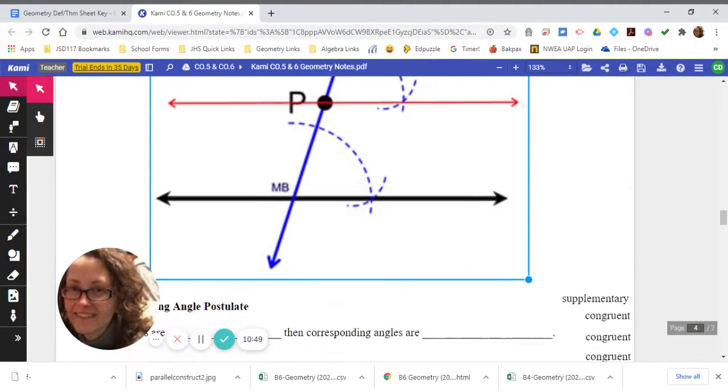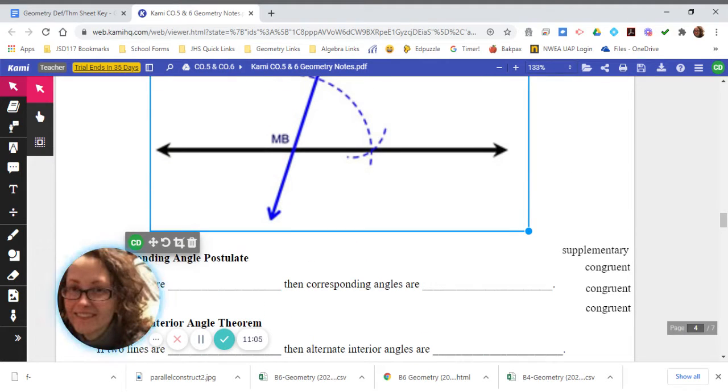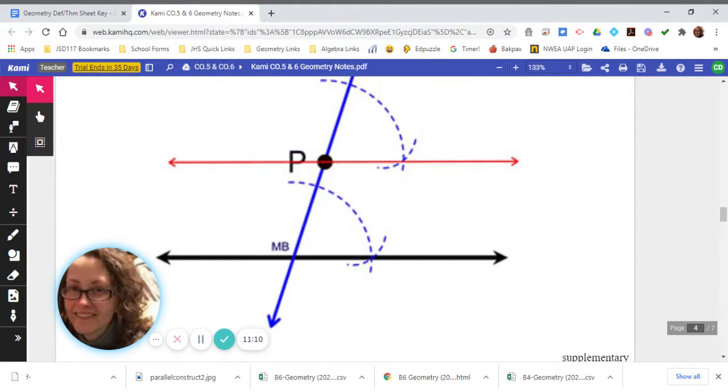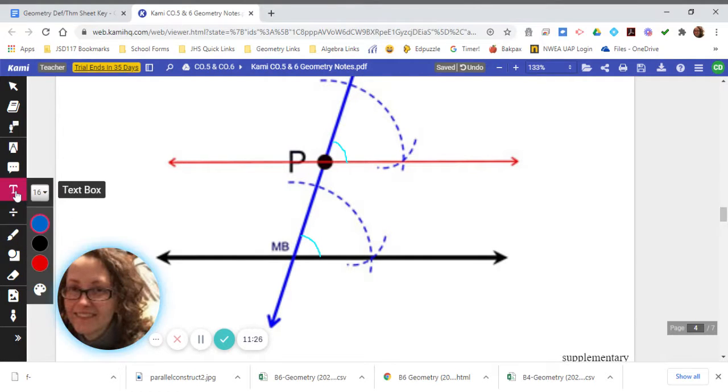What we're wanting to do here is to try to see how to fill in these statements. If two lines are what, then corresponding angles are what. So let's look at our corresponding angle postulate. So corresponding angles are going to be the ones marked here in blue. Let me go ahead and use my own marks instead of the construction marks so we don't get confused. So these two are going to be an example of corresponding angles.